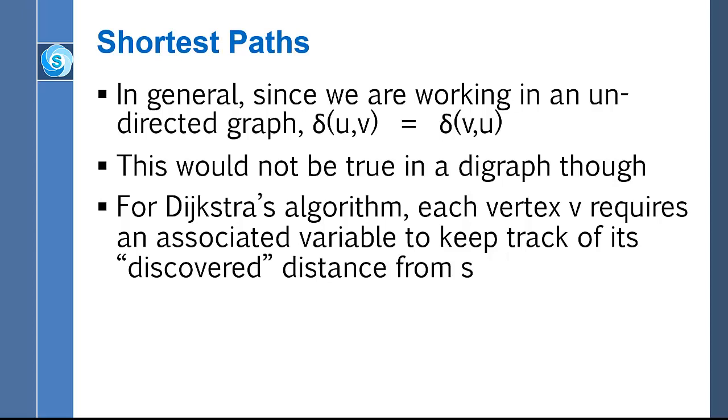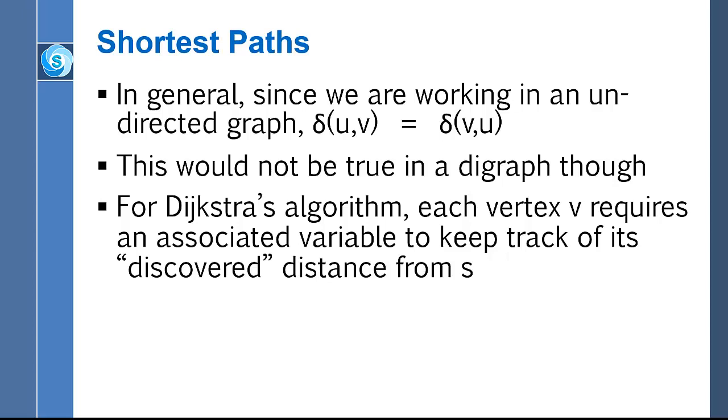Okay, so now we're going to talk about the notion of the discovered distance from the source vertex S to some vertex v. As I said earlier, as Dijkstra's algorithm proceeds, there will be more and more vertices discovered. Suppose v has been discovered.